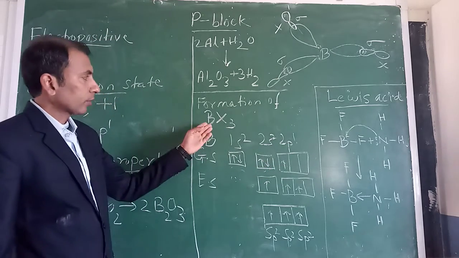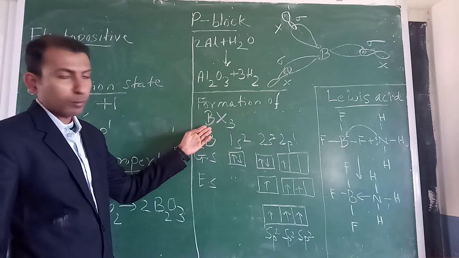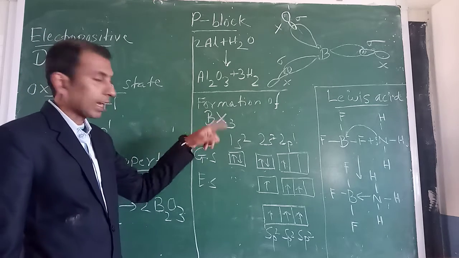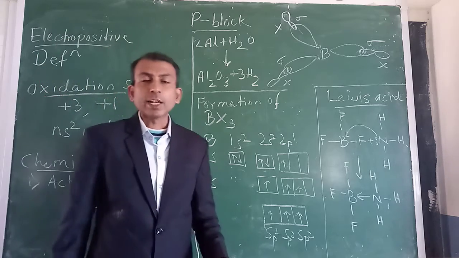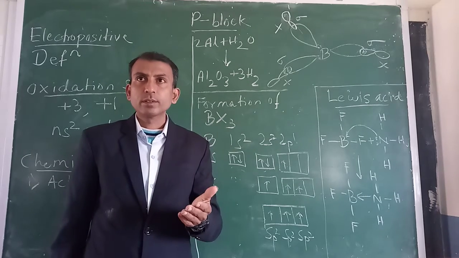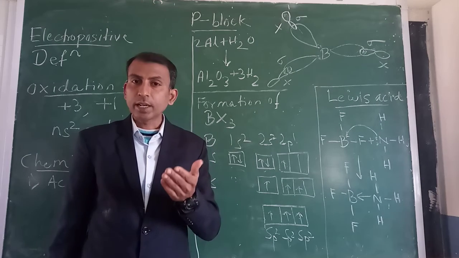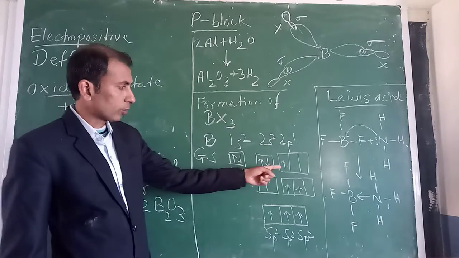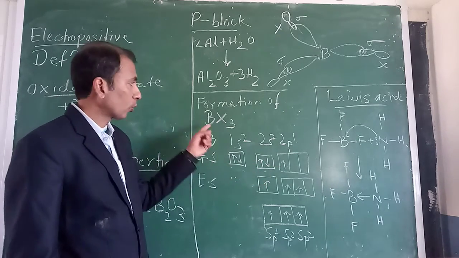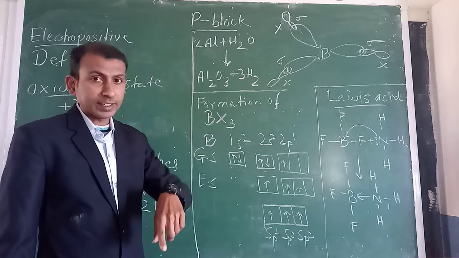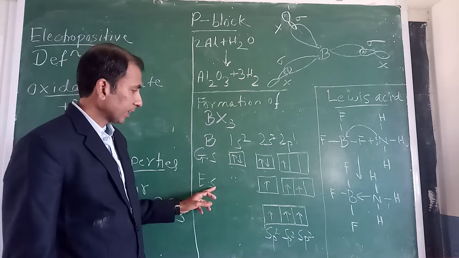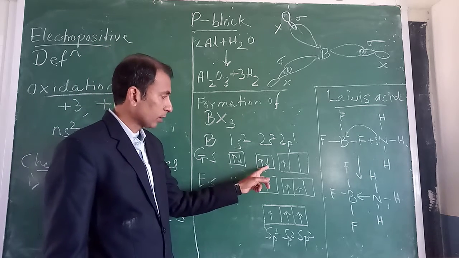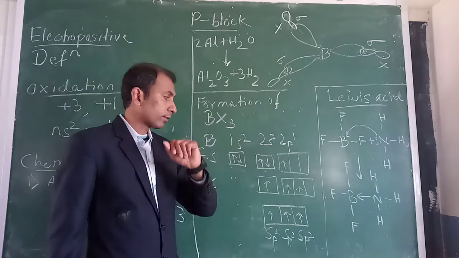Okay, now it's very clear from the general molecular formula of BX3 that boron is forming 3 bonds with 3 halogen atoms. That means boron should have 3 unpaired electrons. So in the ground state, as you can see, there is only 1 unpaired electron. That's why boron will go to excited state. In the excited state, configuration will be the same 1s2, but here 1 electron is promoted to p orbital.